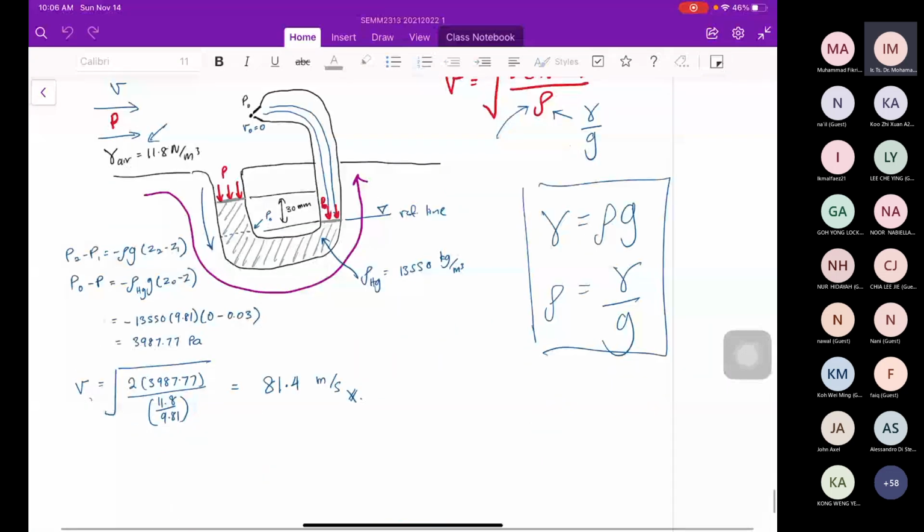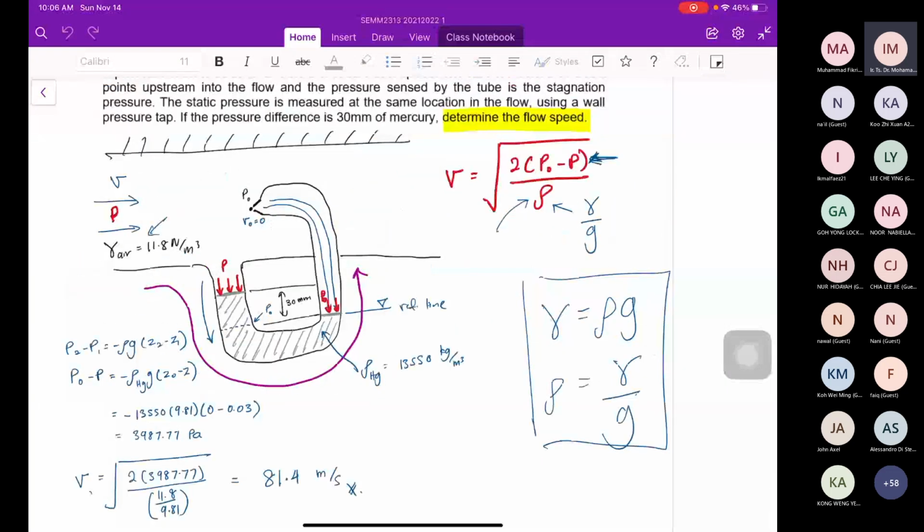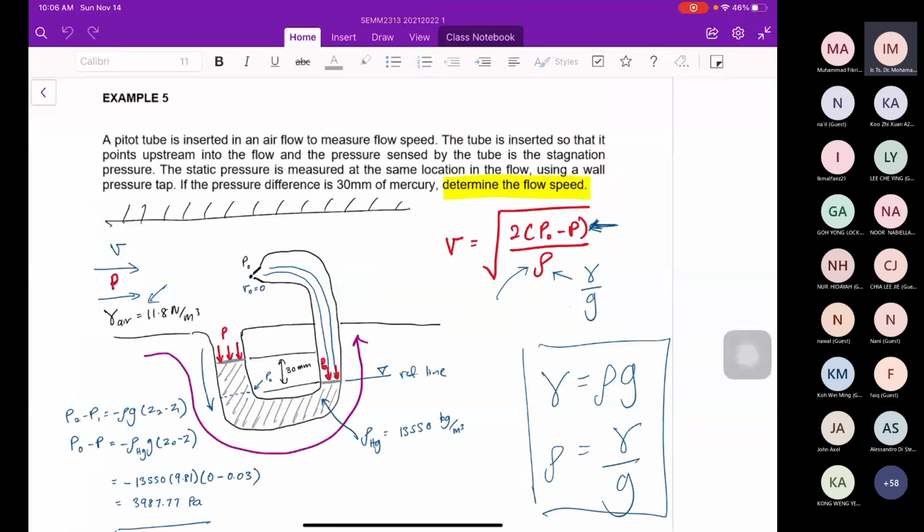Some of you might be confused about why P atm is equal to 0 in one case and the other is not. Just a reminder: when the question does not state anything special, assume it is under gauge pressure. When it is under gauge pressure, we consider P atm as our reference line, which means it is equal to 0.